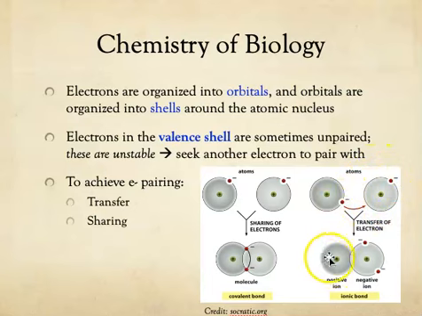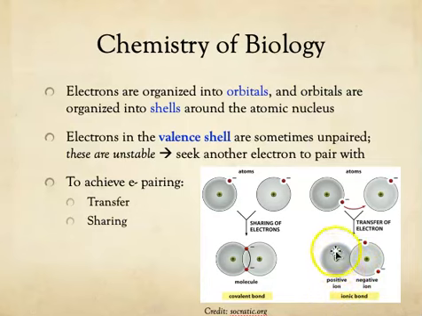So now this atom has lost an electron, and this atom has gained an electron. They're still coming together, but they are not joined with a covalent bond. They're joined instead with an ionic bond.